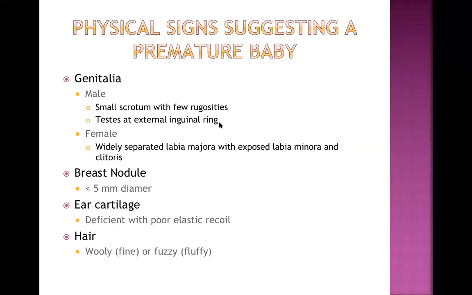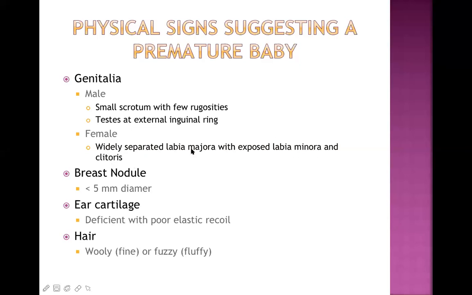In a preterm baby, they are not even present inside the scrotum. They are not even descended completely, because the descent of the testes occurs at term. So this is an important point in a male baby. While in a female baby, the labia majora are widely separated and the labia minora are exposed, as well as the clitoris. So this is the important point.